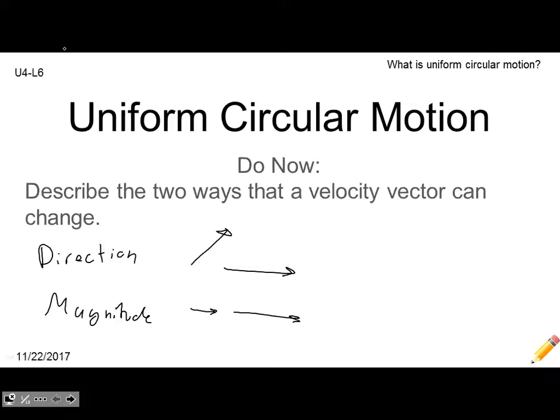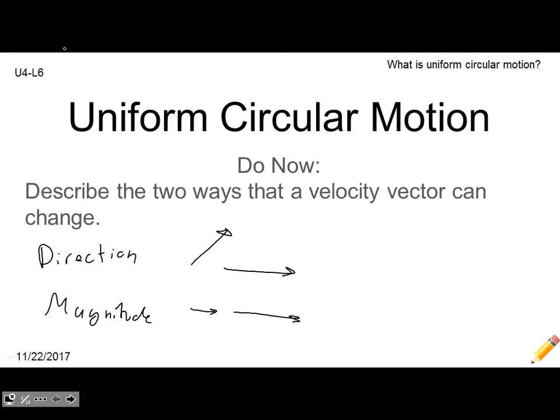Specifically, the rate of change of the velocity vector. It would be the slope. Natalie? It would be the acceleration. Okay, so if you take a velocity vector and you make it change direction or magnitude or both, you would need to do an acceleration.